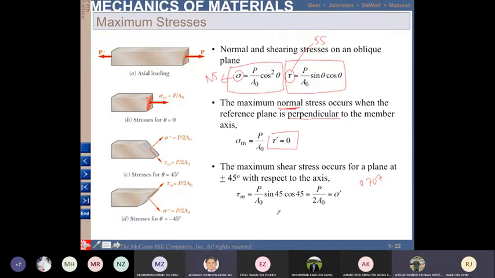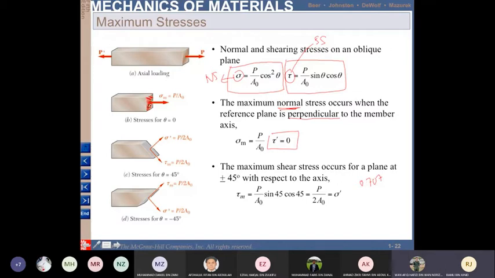Okay, the concept. I want to ask. The maximum normal stress, it says the reference plane is perpendicular to the member axis. What is the member axis? Reference plane, this is the reference plane.